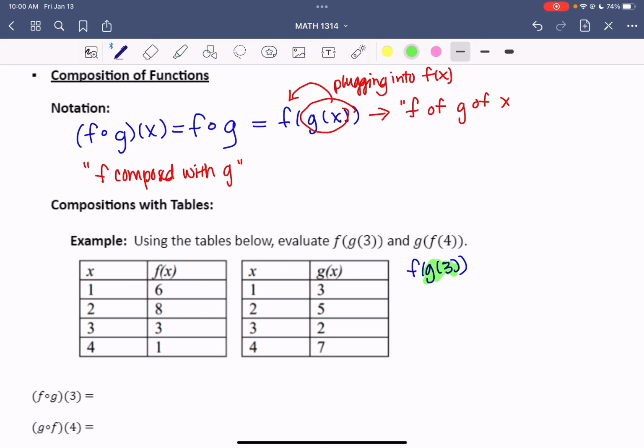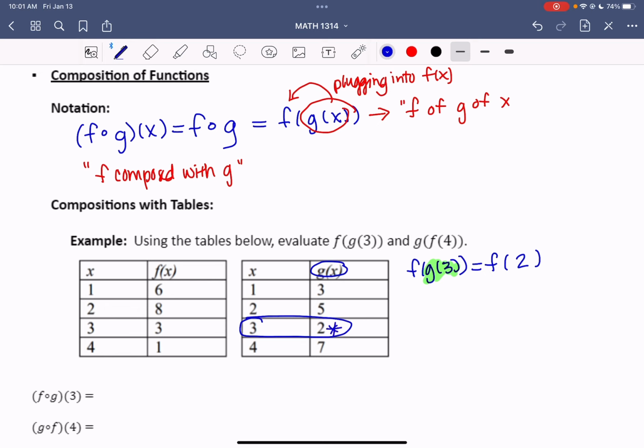So I'm going to go to my g table, and I can see that right here is g of x. That means I'm on my g table, and I'm going to go to an x value of 3. Where x is 3, g of 3, or g of x, is equal to 2. So that means if I'm working from the inside out, instead of g of 3, I could write 2, because that's what it is equal to.